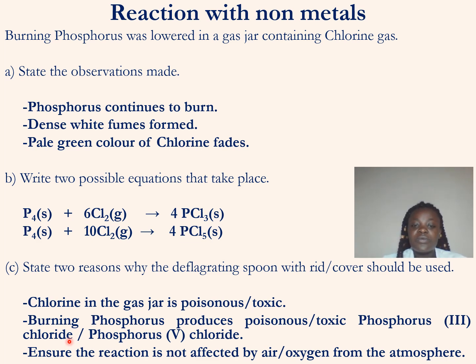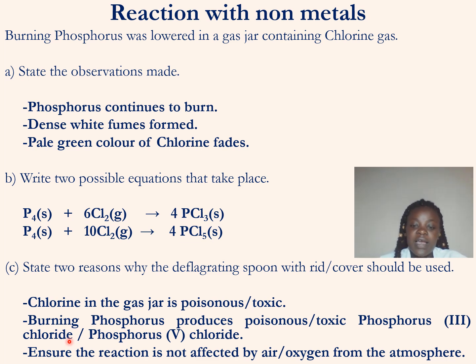So we don't want to inhale the chlorine gas we are reacting with phosphorus. So that's why we have to cover the deflagrating spoon. Second, the phosphorus 3 chloride and the phosphorus 5 chloride being produced are also poisonous.